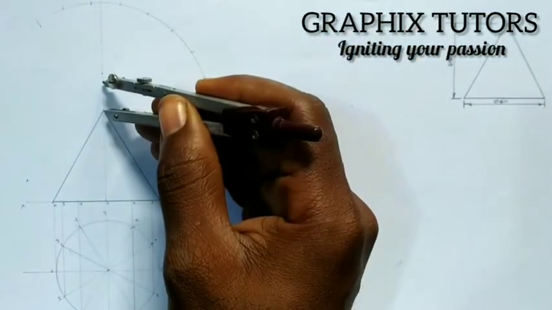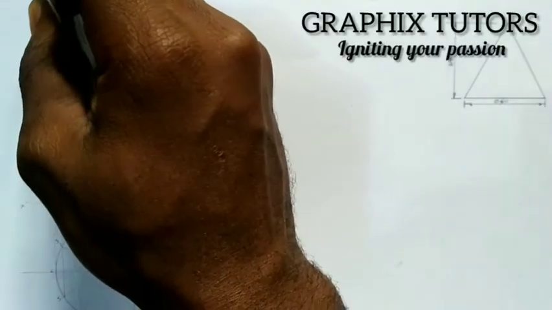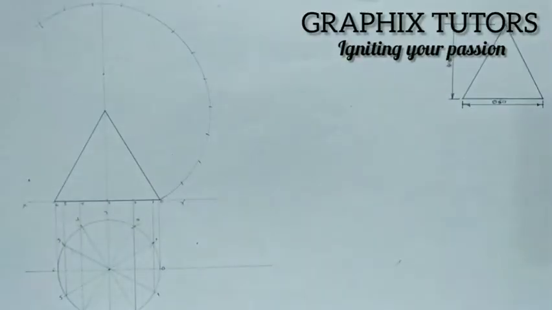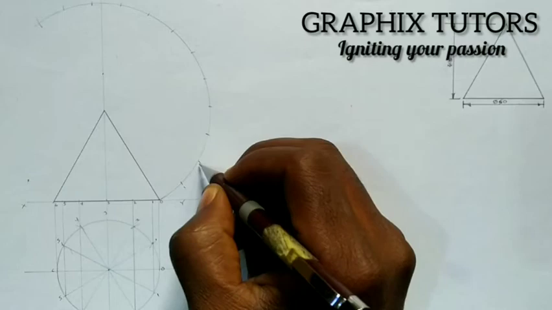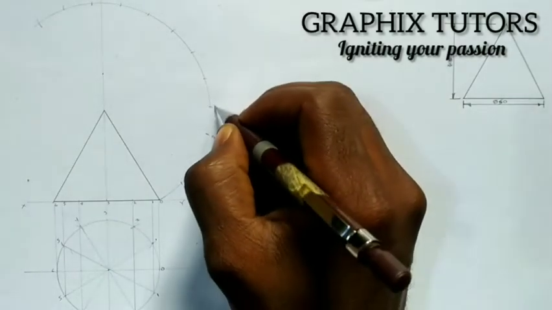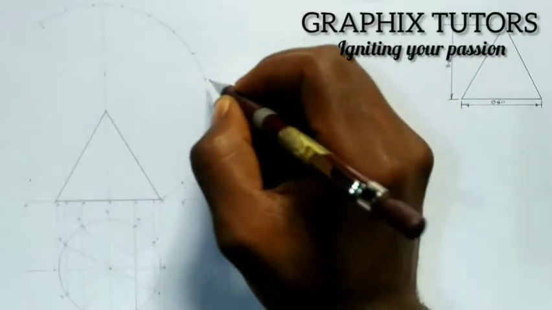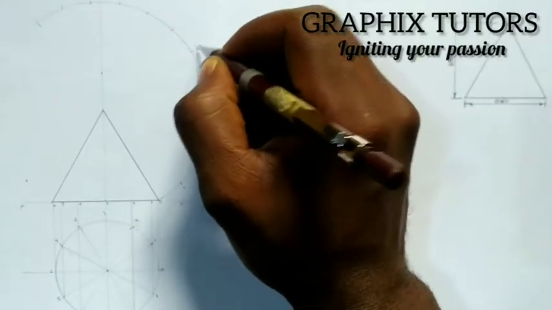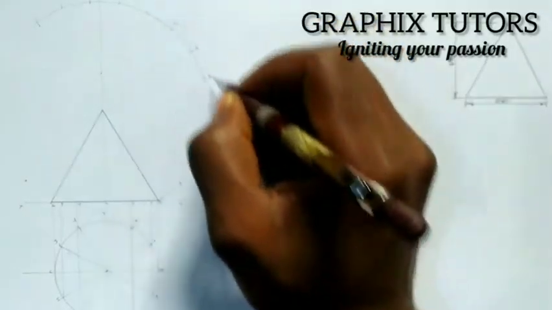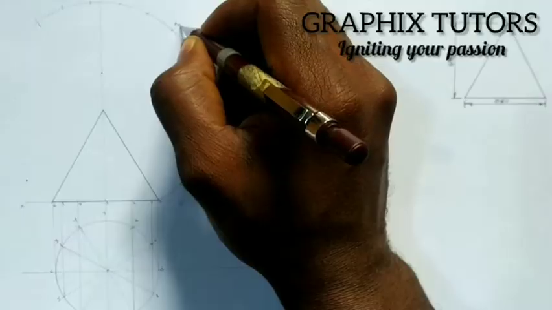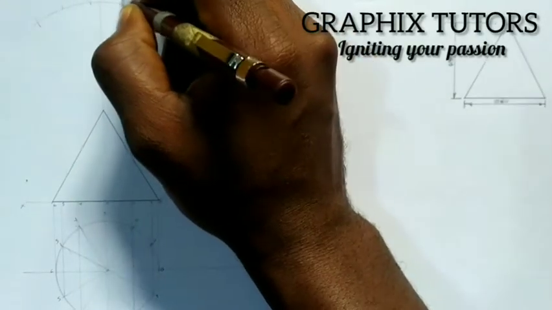So let's complete that. So we have 0, 1, 2, 3, 4, 5, 6, 7, then 6, 5, 4, 3, 2, 1, 0.